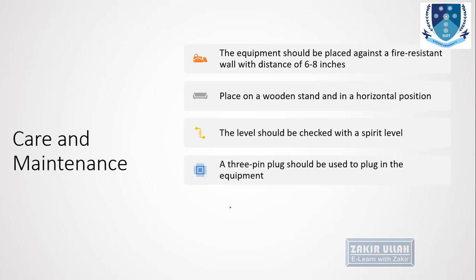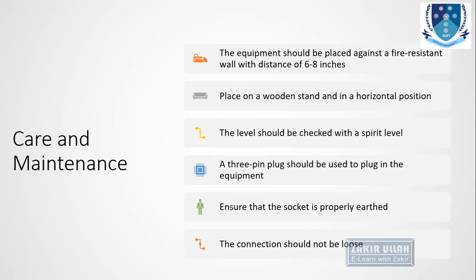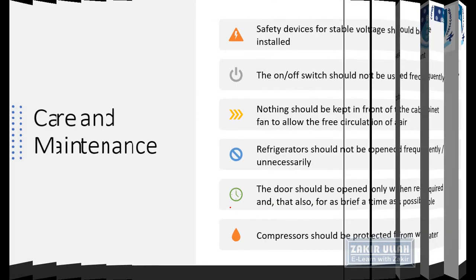A 3-pin plug should be used to plug in the equipment because it is one of the safest plugs used for equipment and electrical purposes. Ensure that the socket is properly earthed. The connection should not be loose as it may cause a fire or heat injury.